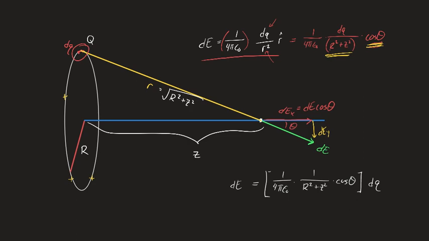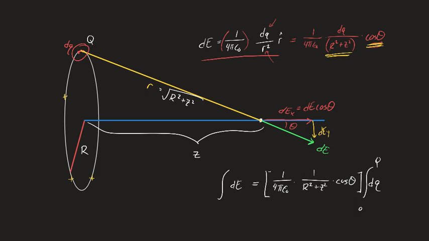It won't change no matter which piece of charge I happen to use. So they're not even going to be part of this integration. In fact, just looking at that suggests I can integrate both sides and just sum from 0 to q and be okay.